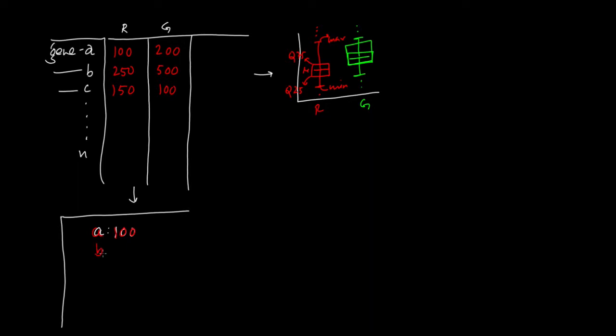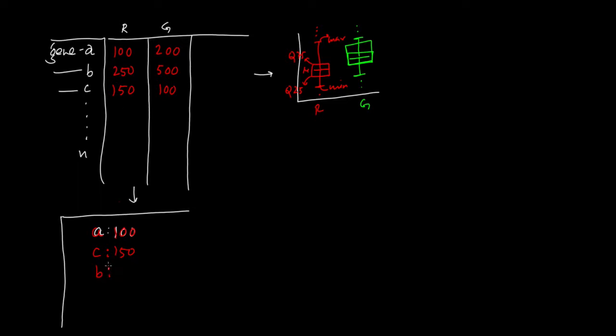When we are sorting it, C would come first, right? C is going to be 150, and then comes B. So the order has changed for the first channel.